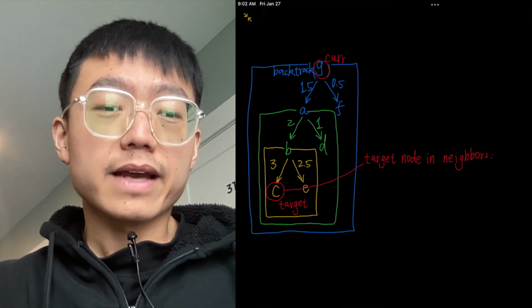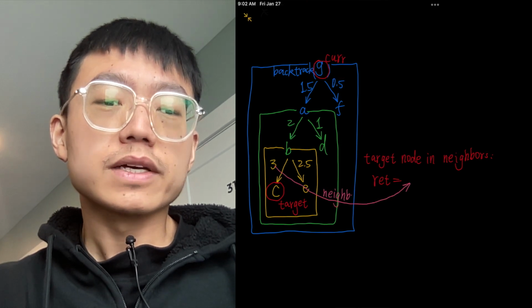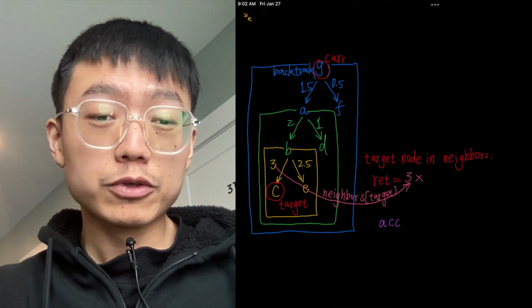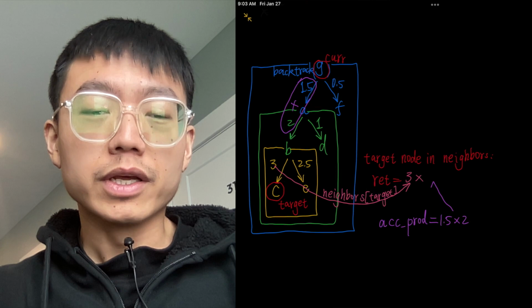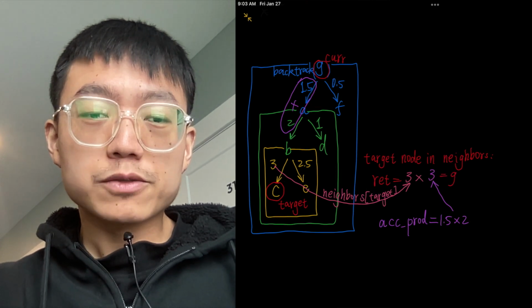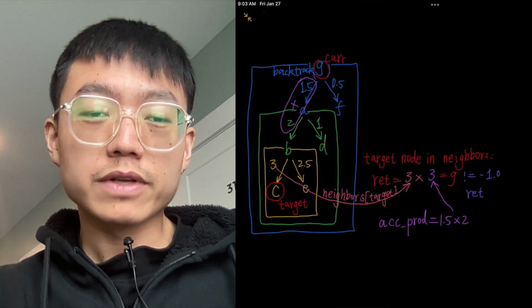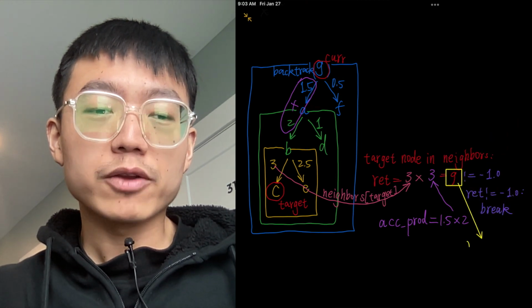So now the target node C is already in the neighbors of B, so we can now check the ret variable, which is the neighbor's target, which is 3, multiplied by the accumulated product, which is 1.5 multiplied by 2, which is 3. 3 multiplied by 3 is 9, and this ret is 9, which is not equal to negative 1.0, so now we can break the loop and return this 9 as our value of ret.